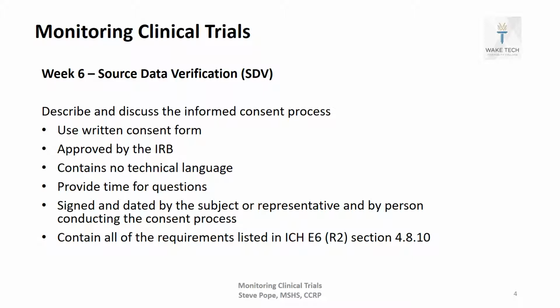That approval should appear on the consent form, so it should be very clear that we're using an approved informed consent form. The ICF should not contain any technical language, so not a whole lot of the medical jargon or any technical information related to the trial itself. It needs to be in easy to understand language that any reasonable person would understand what is going to happen in this trial.